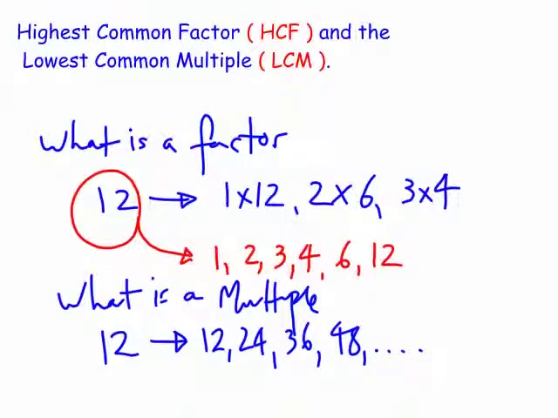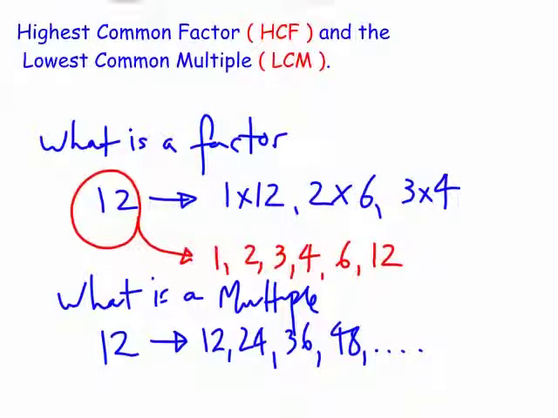The first multiple of 12 is 12 itself, the second multiple is 24, and the third multiple is 36, etc. So multiples start at the number and you multiply the original number by 1, 2, 3, 4, etc. to get the multiples of the original number.